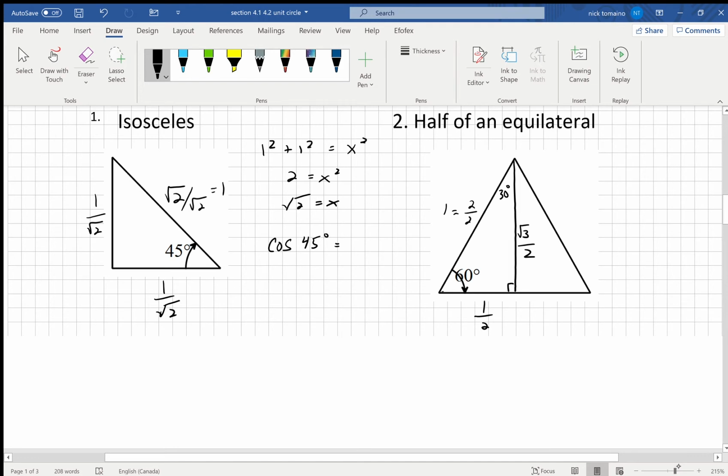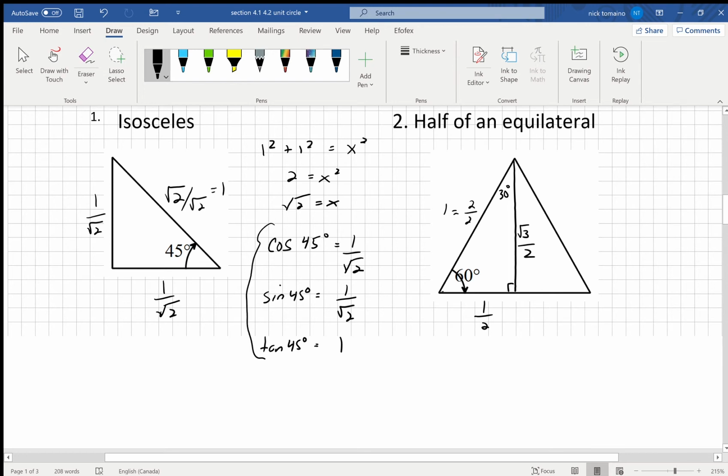So the cosine of 45 is just 1 over root 2. And then the sine of 45 is opposite over hypotenuse, which is also 1 over root 2. And then the tan of 45 is equal to the opposite divided by the adjacent. Because they're the same number and you divide them, it's going to equal 1.